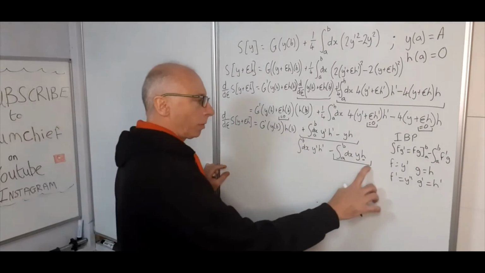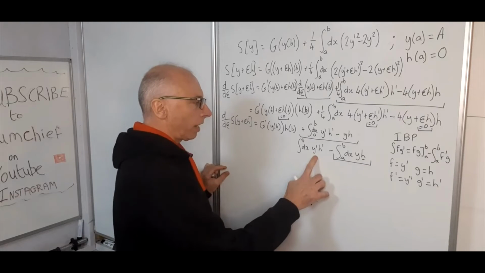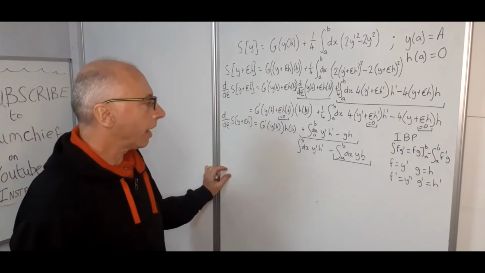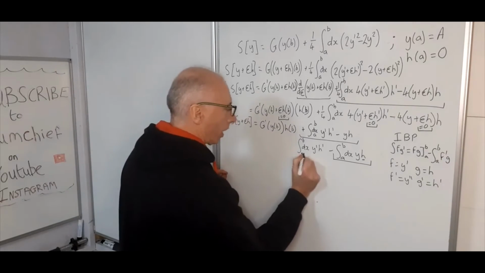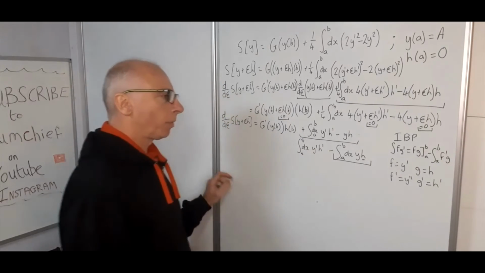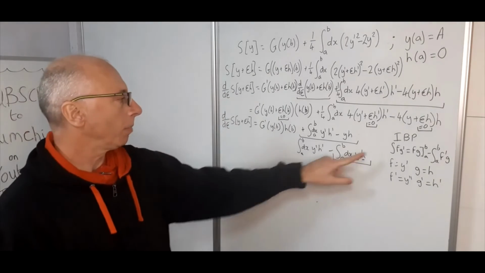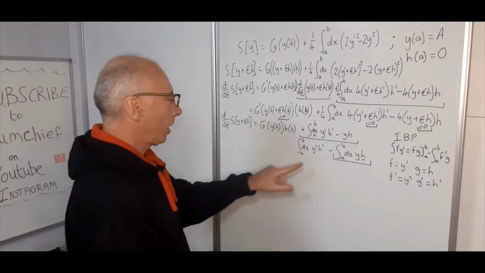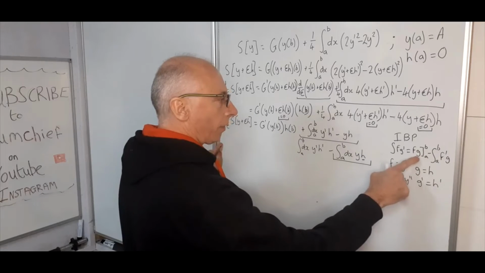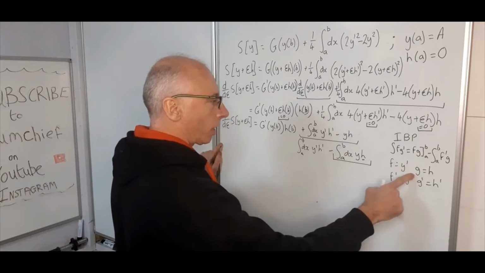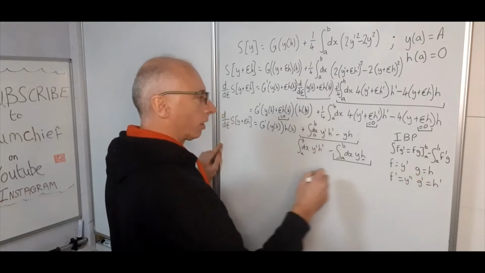So as we're happy with this function here, we'll just take care of this function here because we're going to try and integrate out this h prime. So that's from a to b, dx y prime h prime. So using our integration by parts formula, just on this one here, we've got f and g. So f g is y prime h.